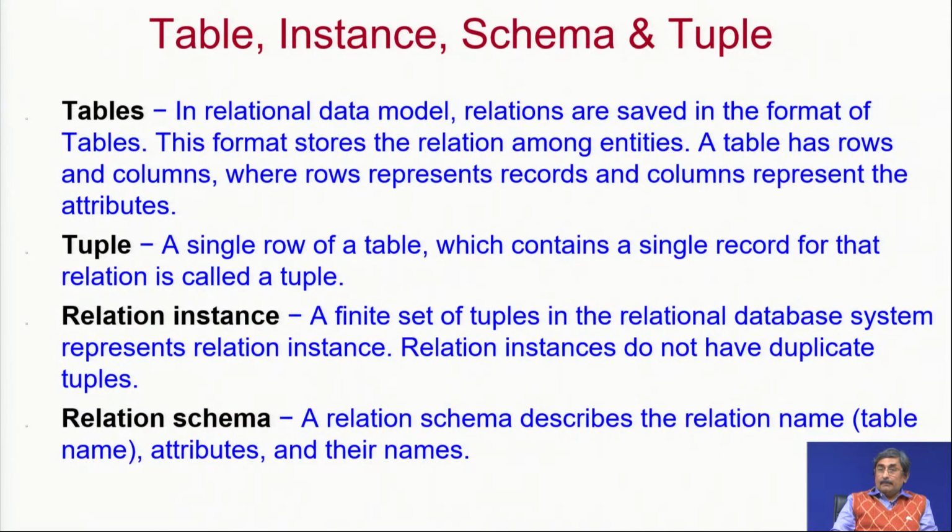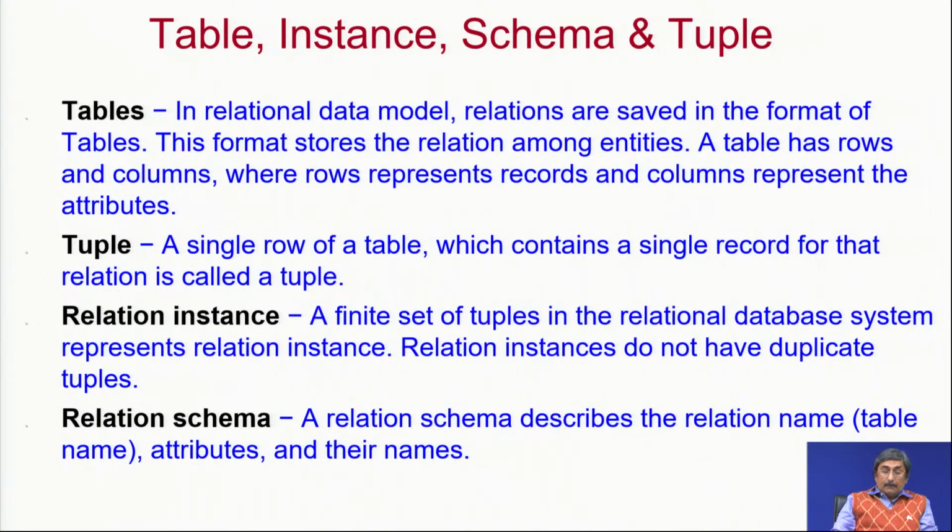They are the same thing. Now, what is an instance? We have an example after this slide, and we will talk about it in detail. At a given point of time, for a particular table, the table is filled up with data. That is called the instance for that particular relation, or the contents of that particular table.